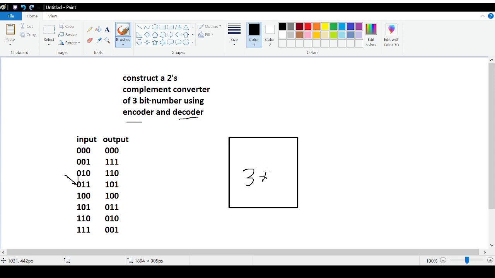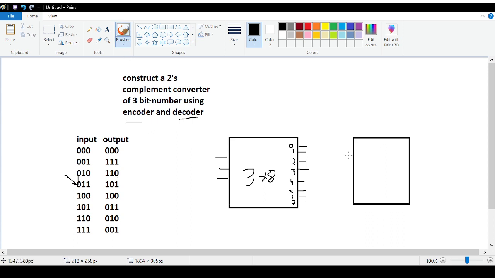A 3:8 decoder. So it will have 3 inputs, and if it has 3 inputs, it will have 8 outputs, the outputs being 0, 1, 2 up till 7. Okay, this is the 3:8 decoder. What will happen is the decoder will take this as input and pass it to the encoder.